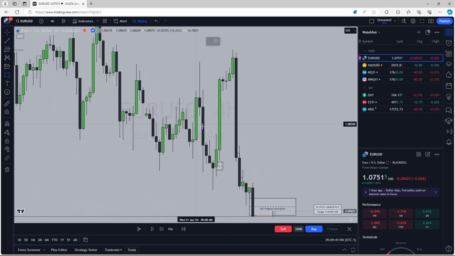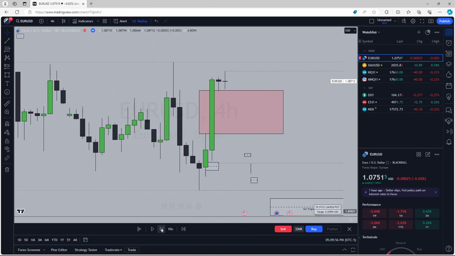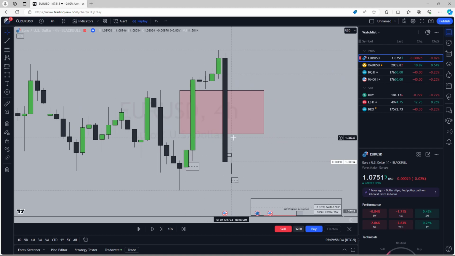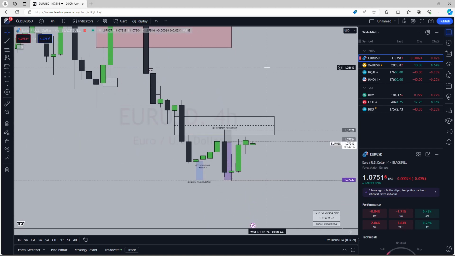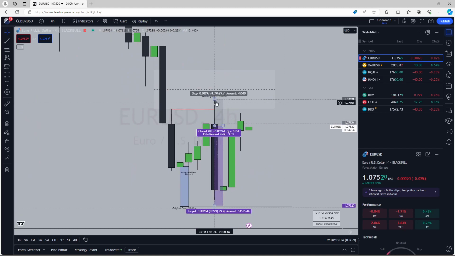An IFVG is when a fair value gap, like this regular one, gets disrespected. So watch. This is a normal fair value gap, but what happens? The body closes under. Now it's an inverse fair value gap, because we just disrespected it with the body. That's what an inverse is. But in the thing I drew here, we didn't close above it. We went in, went down.